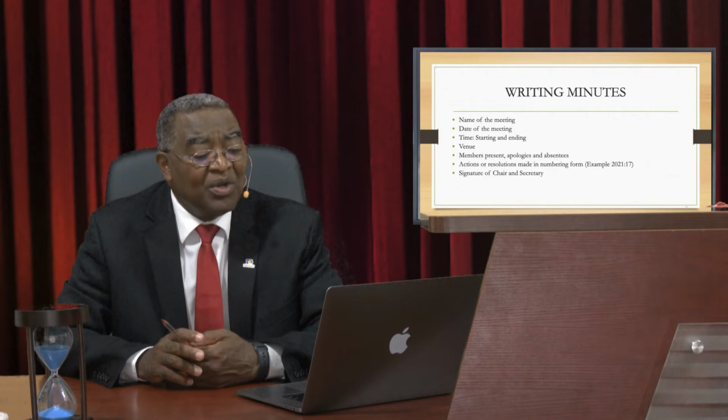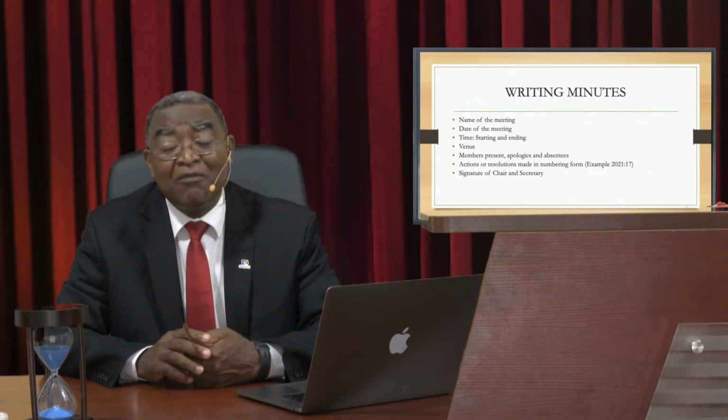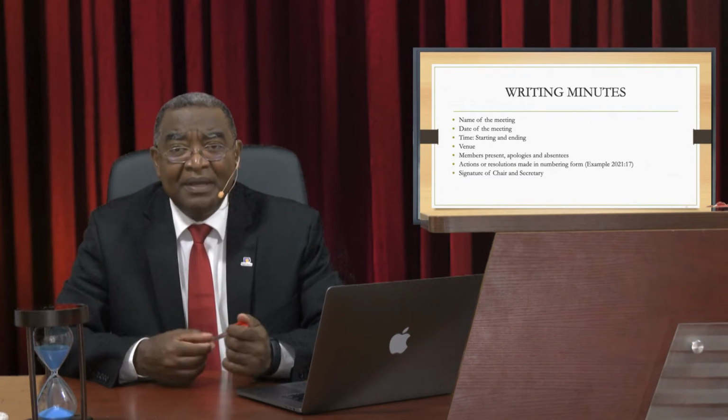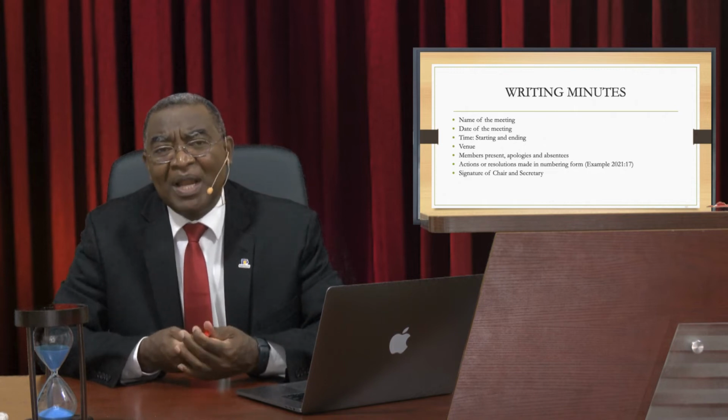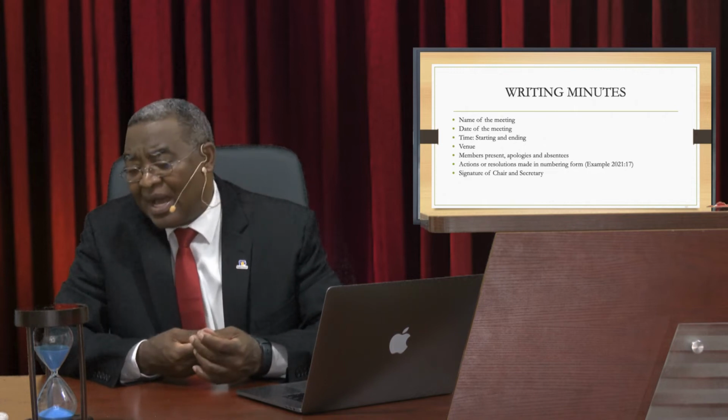Then you come to actions or resolutions made, and they are recorded in numbering form. You as a local church will have to agree with the chair and the church clerk as to how you will number the minutes.